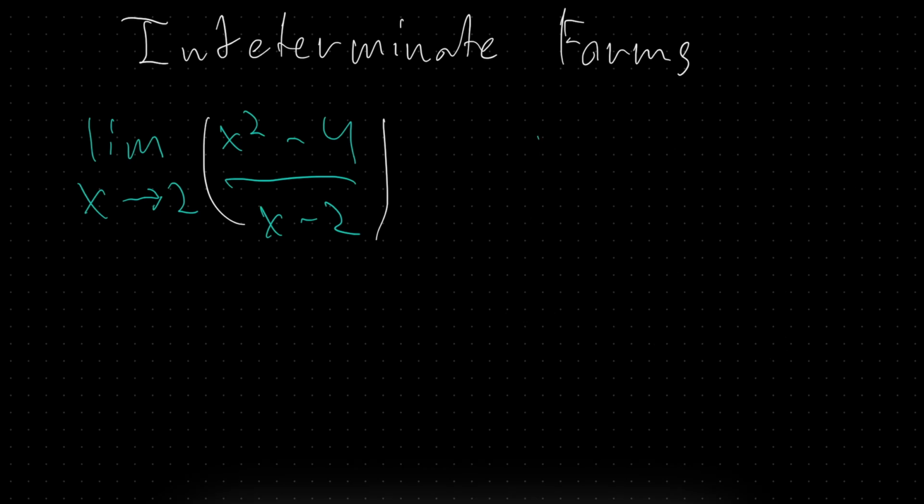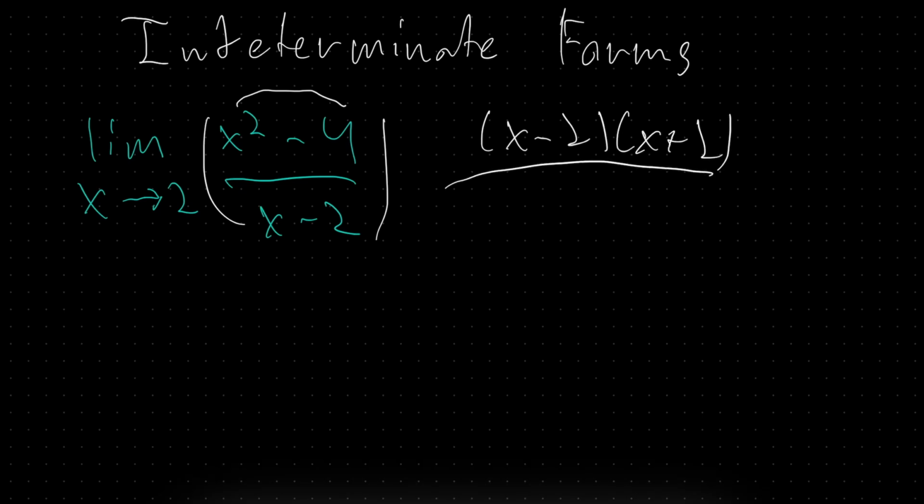Let's get into this expression. Right away, some of you might have been able to see that you could just simplify this down to x minus 2 times x plus 2, and completely factor out the x minus 2 at the bottom. And that would give us x plus 2.